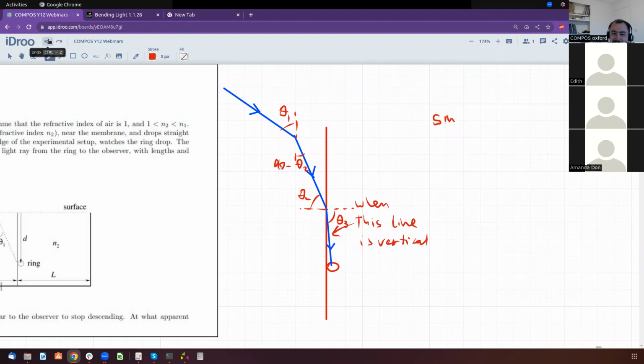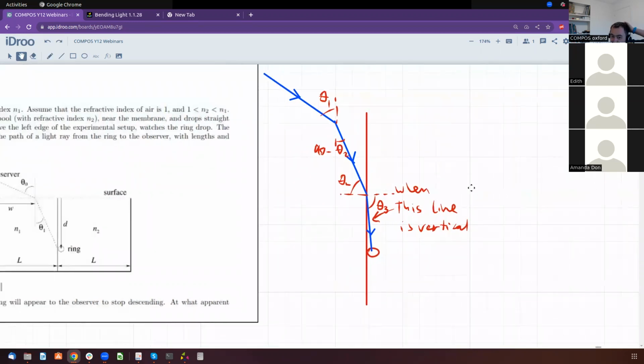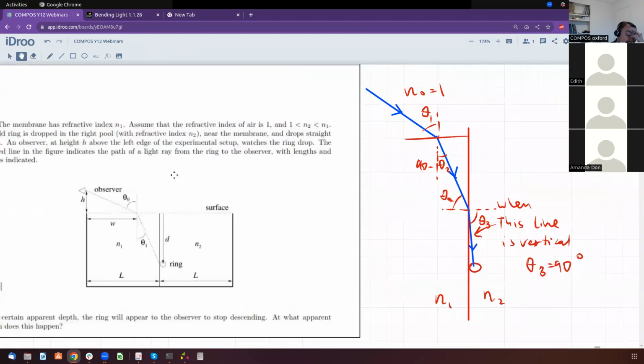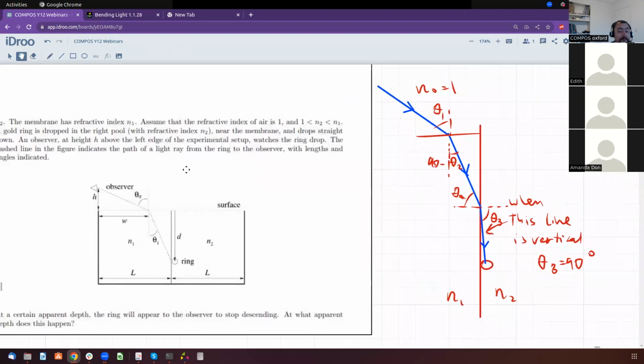I won't do it because I've pretty much solved the problem. So theta 3 has to be 90 degrees. And you apply the Snell's law twice. Once for this boundary and once for this boundary. So this is N1, N2, and this is N0, which is 1. Okay. So I hope that makes sense.